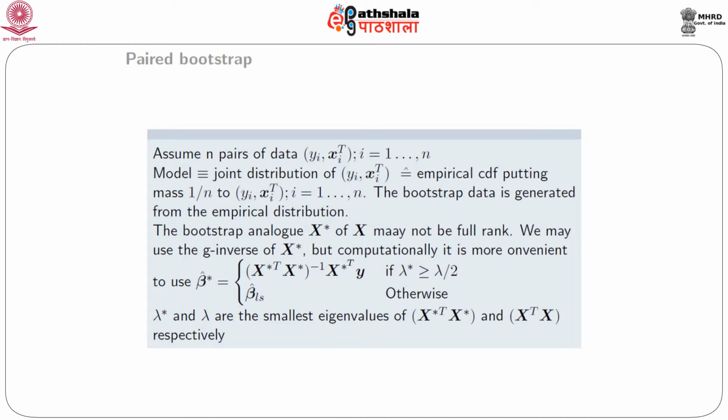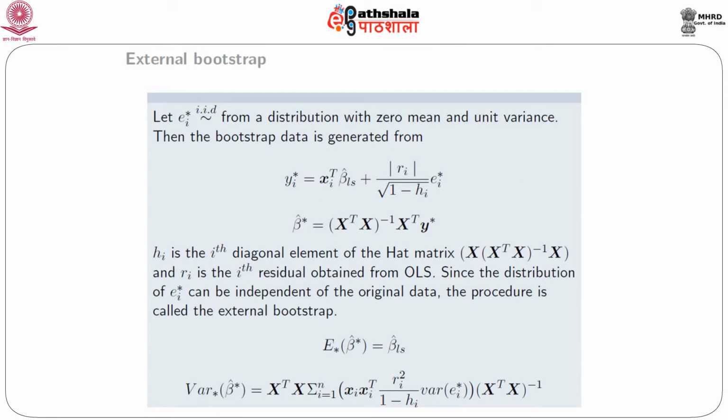The third thing that we can apply in context to this is called the external bootstrap. So, here e_i, i runs from 1 to n, is assumed to be an IID sample from a distribution with mean 0 and variance 1.